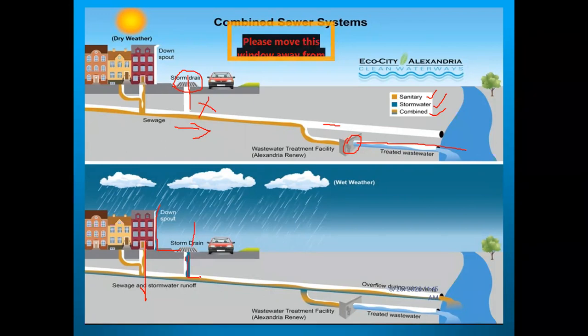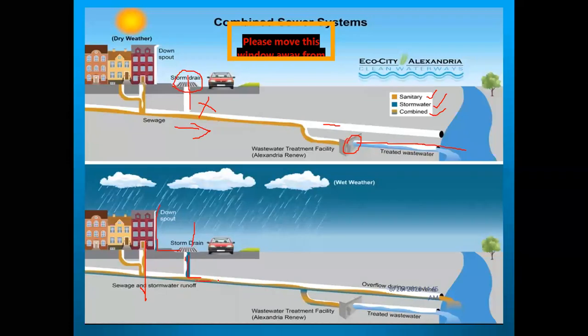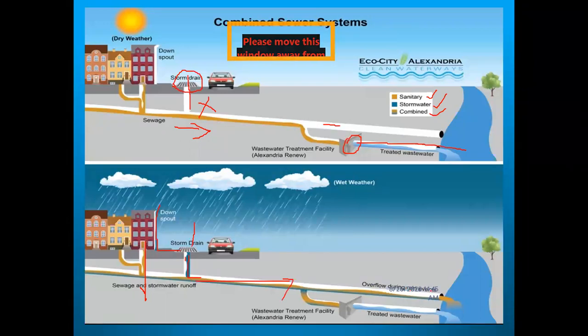There, the sewage water plus storm water are both mixing in one sewer pipeline, and it is passing in this direction. The overflow during the rain is passing this way and coming outside.